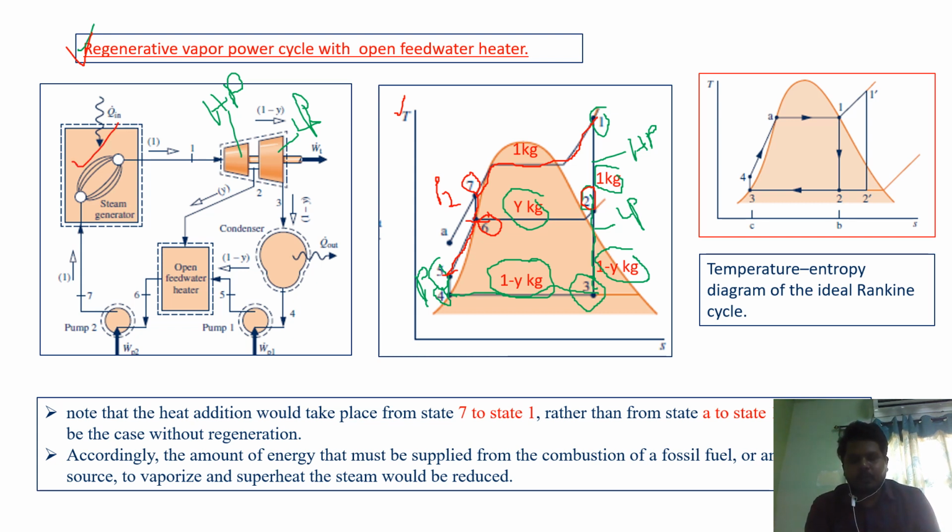The function of the boiler is it converts the water into steam. So this is regarding the TS diagram for regenerative vapor cycle with open feed water heater.